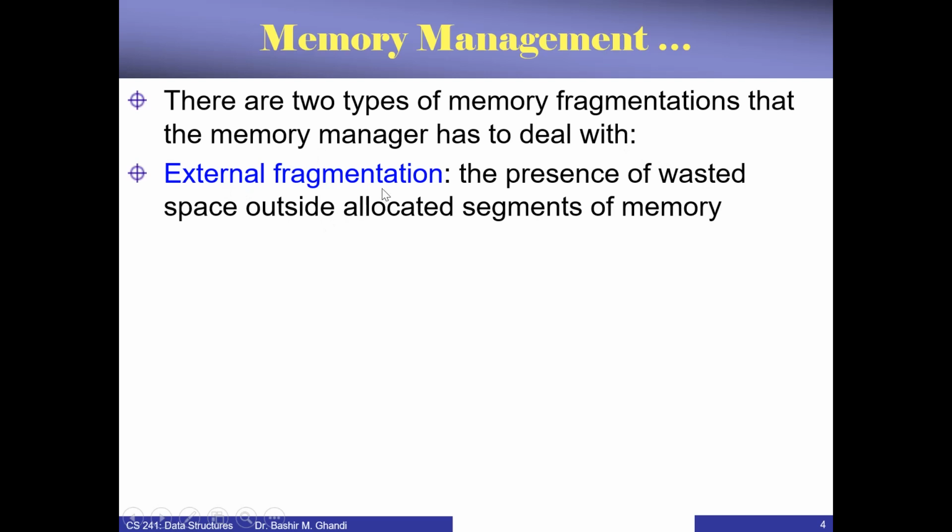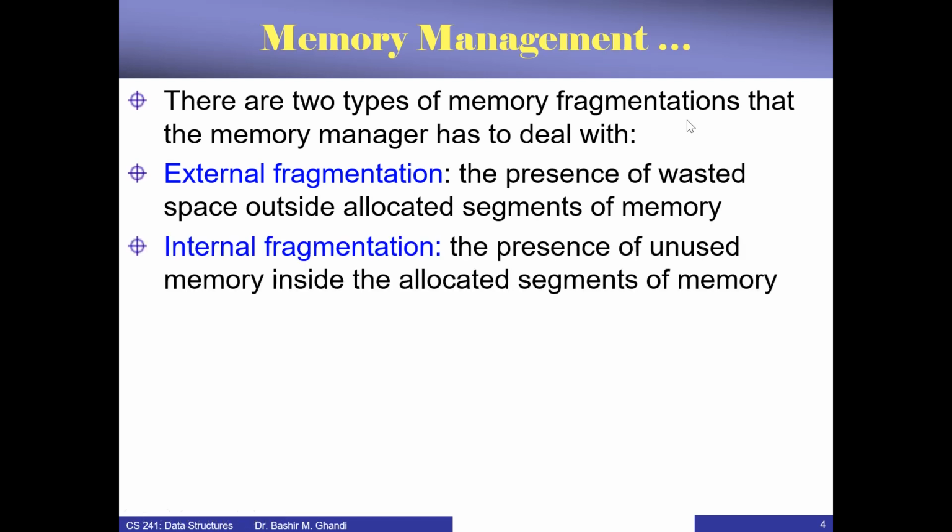Okay, external fragmentation is the presence of wasted memory outside the allocated segments. So within the free memory blocks, there are small chunks here and there that cannot be utilized. Okay, this is called external fragmentation. Fragmentation within the free blocks, outside the ones that are allocated to programs.